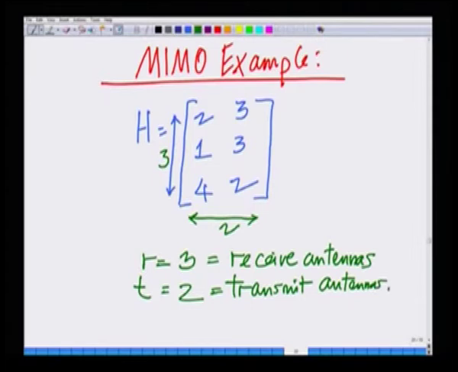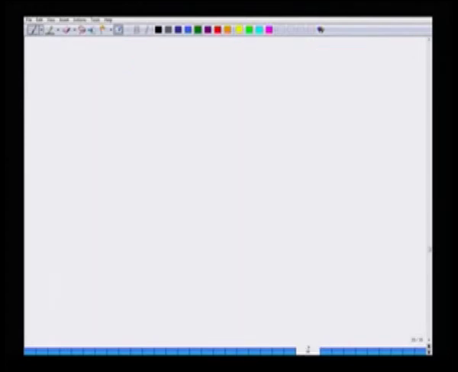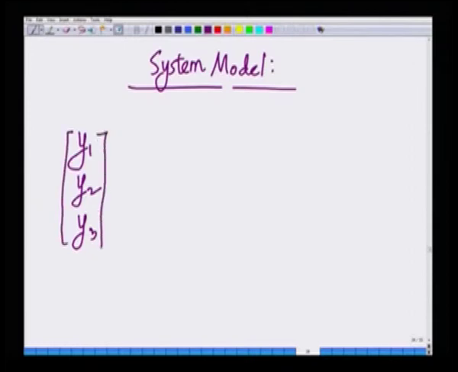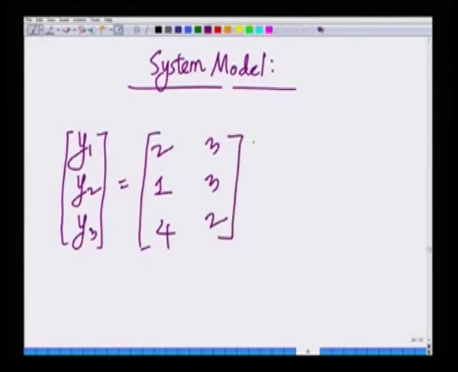Now, let us write the system model that we have written before. The MIMO system model is: Y1, Y2, Y3, which are the symbols received at the 3 receive antennas, equals the matrix 2 1 4 3 3 2 times x1 x2, the 2 transmit antennas.